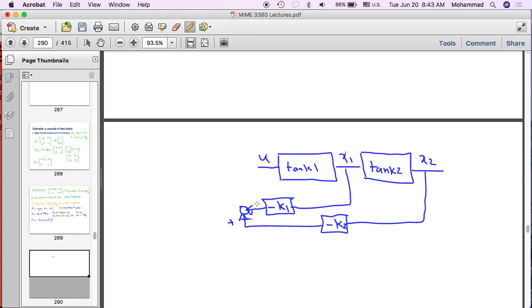So we are going to add these two together and then bring this up, and then there is a pre-filter that gets multiplied by r, and this comes here with a positive sign. This comes with also a positive sign because the negative sign is already implemented in K1 and K2, and this is our controller base.